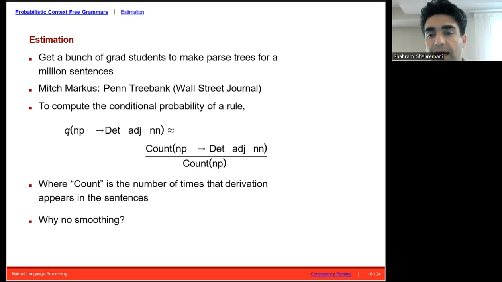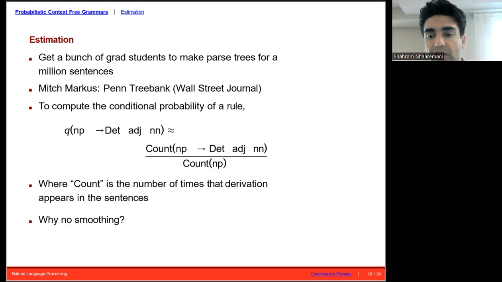But you will notice that we are taking the MLE estimate. Why don't we do smoothing here? One reason that you might not want to do smoothing is that not doing smoothing rules out a lot of possible trees, and so you get fewer options of grammatical sentences.